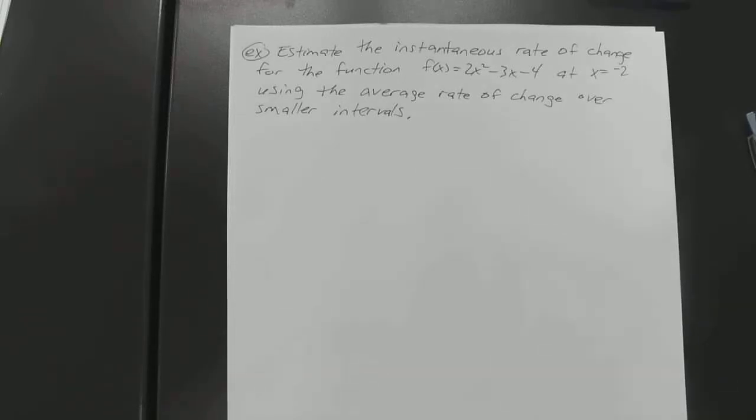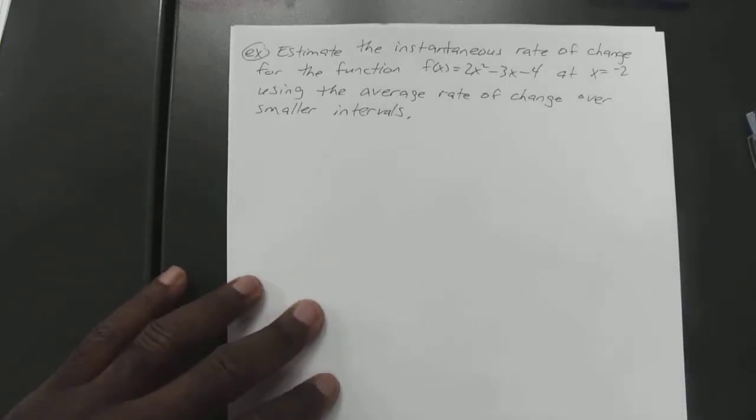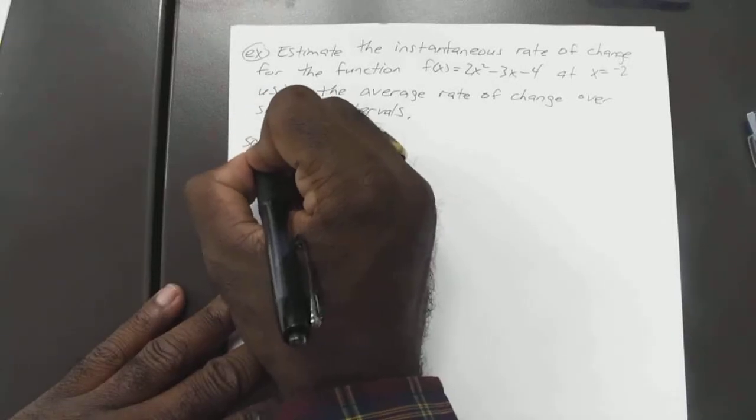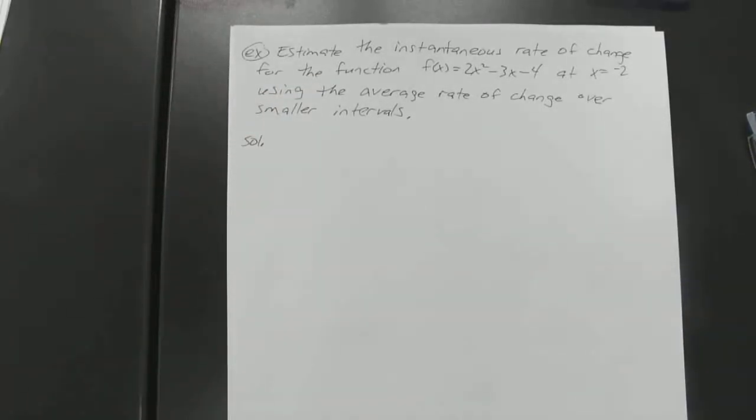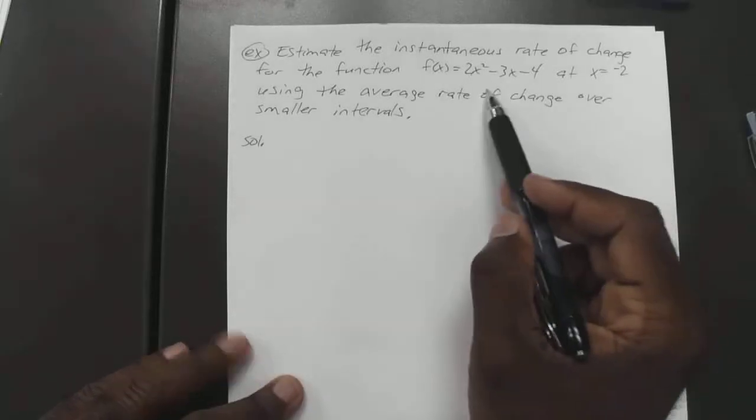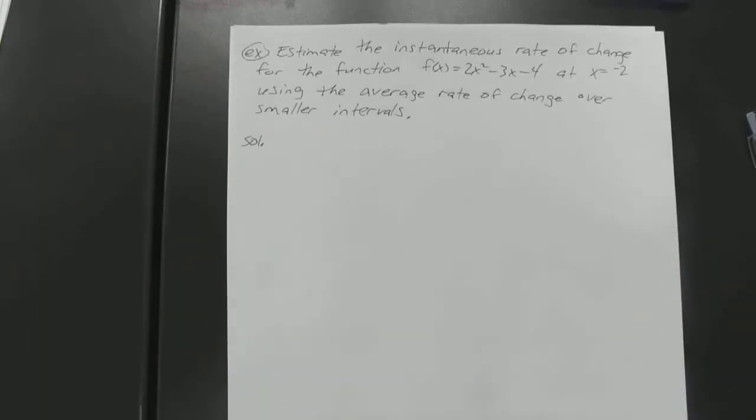Really all that means is that we're going to get closer and closer and closer to -2. Kind of like limits, but we're not using limits just yet. Since this is continuous, the rate of change will be the same from both sides.